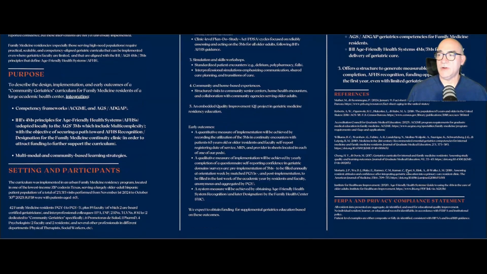The references are located in the poster, and for the FERPA privacy compliance statement, all resident data presented are aggregated, de-identified, and used for educational quality improvement. No individual resident, learner, or educational record is identifiable in accordance with FERPA and institutional policy, and patient-level examples are either composite or fully de-identified, consistent with HIPAA and local IRB guidance.